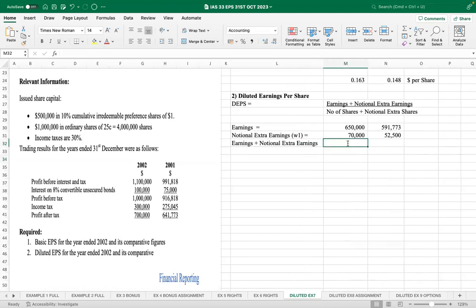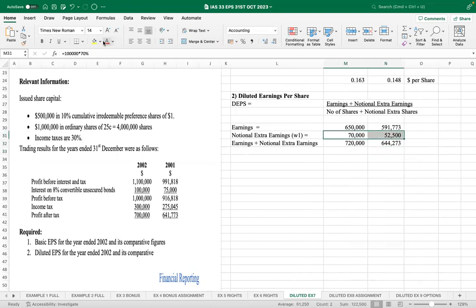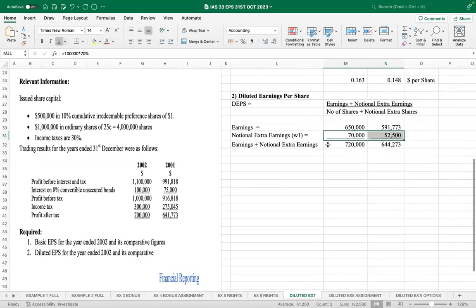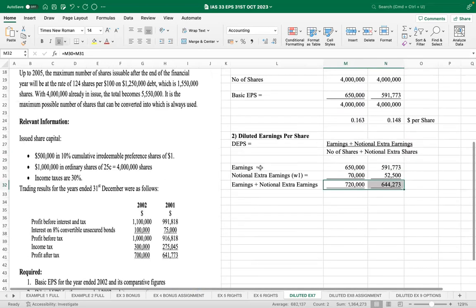So our earnings plus notional extra earnings is 650 plus 70. And on this other side, it is 591 plus 52. So that is the numerator.